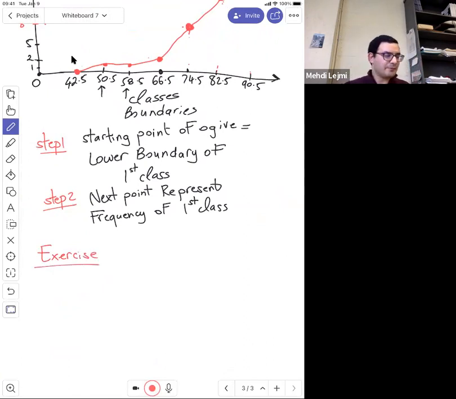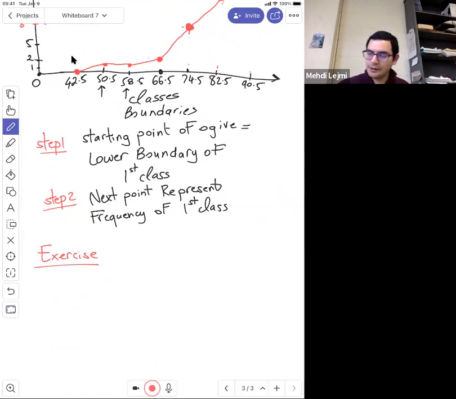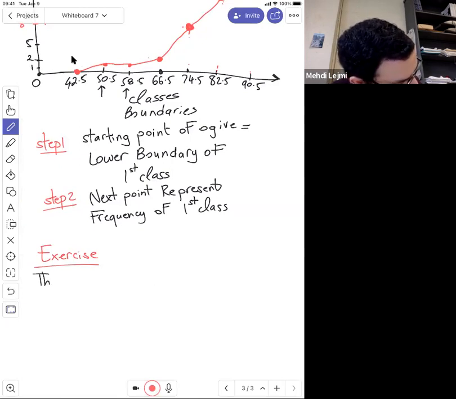I'm gonna give you some time to think about it, all right? So let's say you have the following data, the following frequency table, which represents, let's say, the daily high temperatures during the winter in New York City.